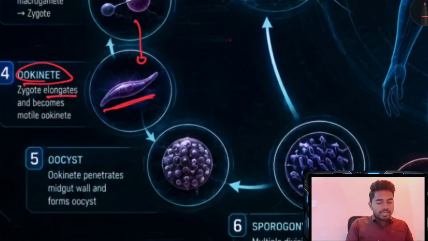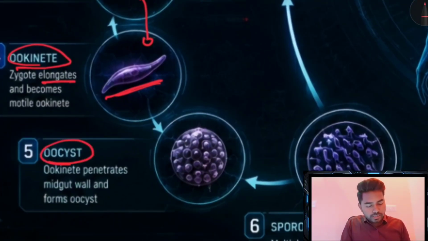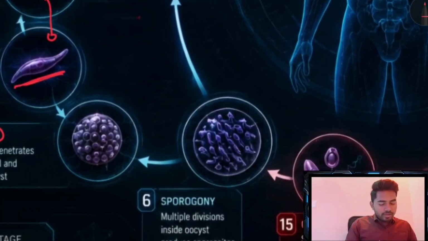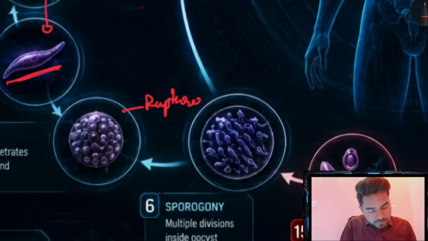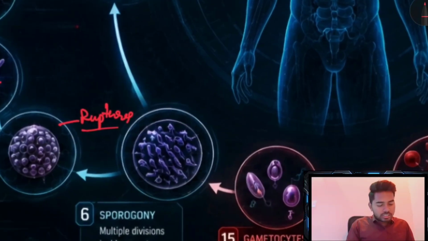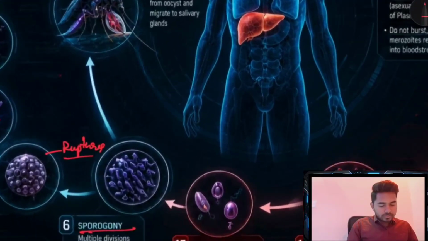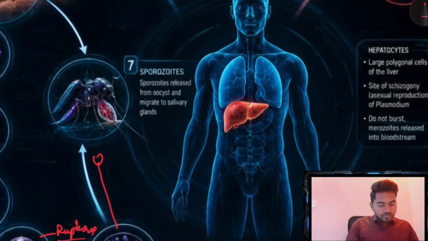This ookinete will form oocyst. Now, this oocyst will rupture and releases sporozoites, or sporogony.